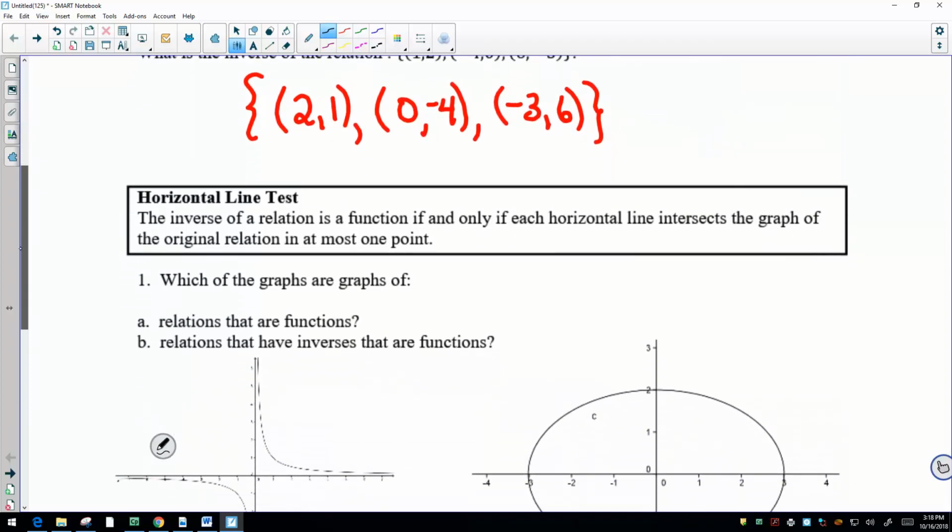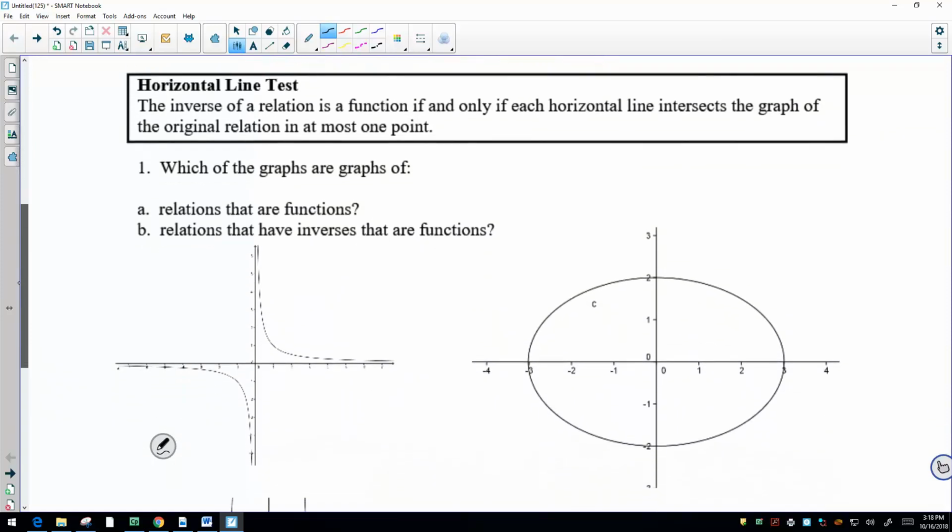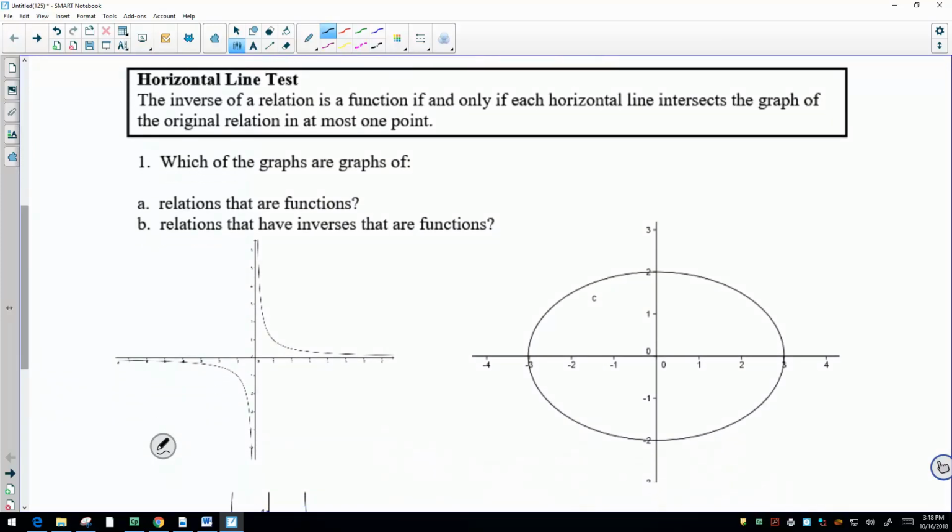Looking at a test that we can do. Now, we've done the vertical line test before, and the vertical line test was to see if we had a function. Now we're going to get something called the horizontal line test, which will show this time more with the inverse. So it says the inverse of a relation is a function if and only if each horizontal line intersects the graph of the original relation in at most 1 point.